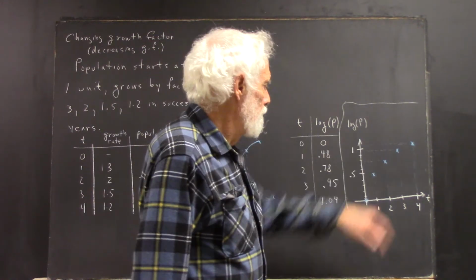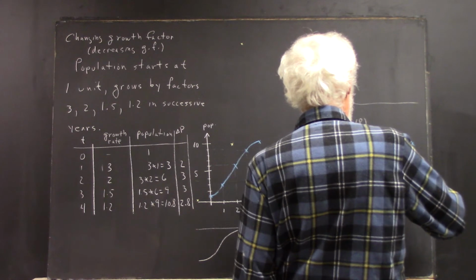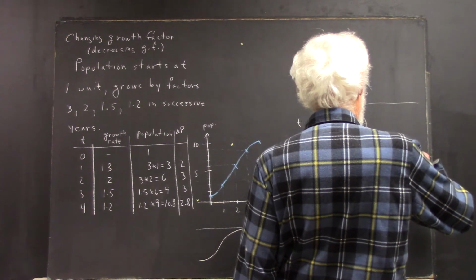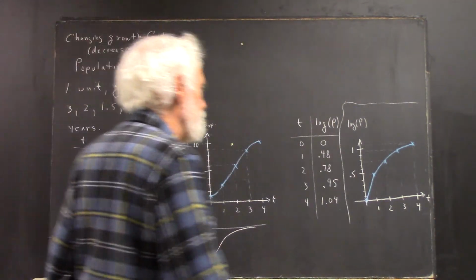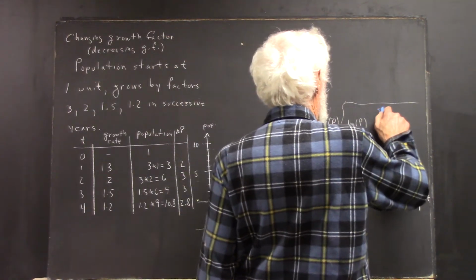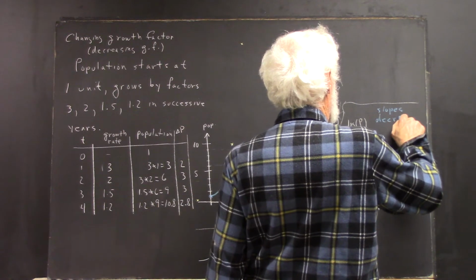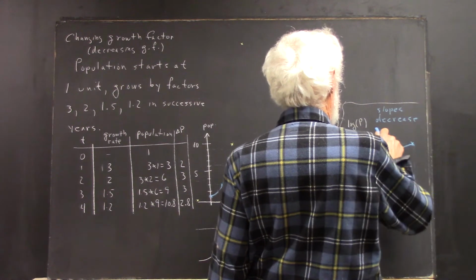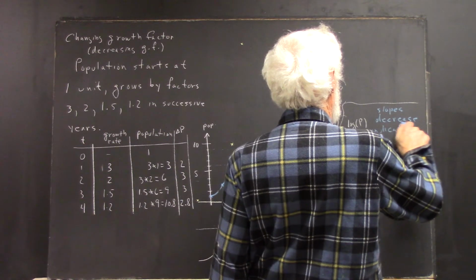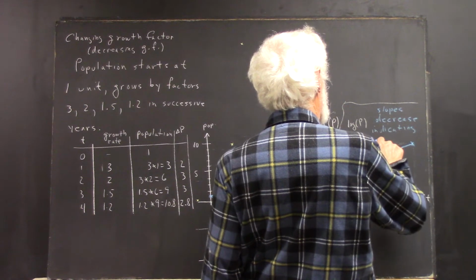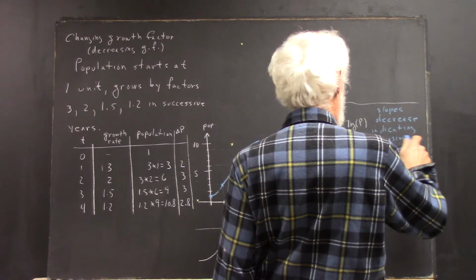I graph the t versus log P, and my graph looks like this. The slopes decrease, indicating a decreasing growth factor.